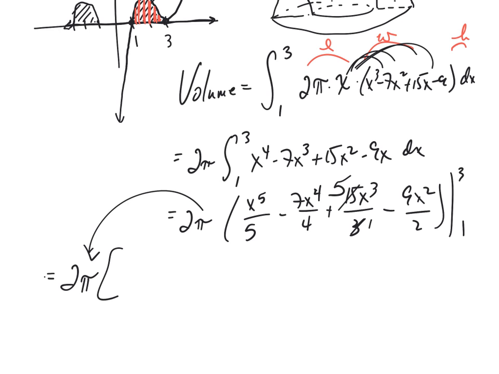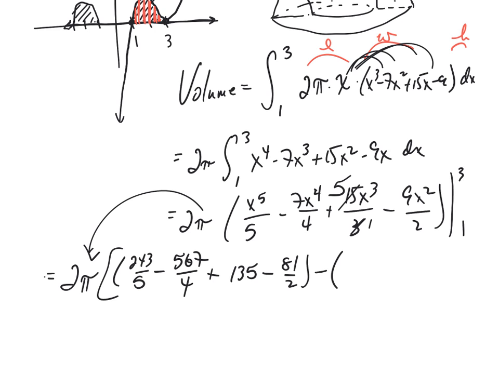All right, so let's see, we'll have 3 to the 5th over 5, so 243 over 5, minus 7 times 3 to the 4th over 4, so that'd be 567 fourths, and then 5 times 3 cubed, so that's going to be 135, and then 9 times 3 squared divided by 2, that would be 81 halves.